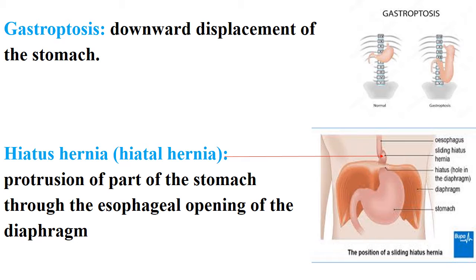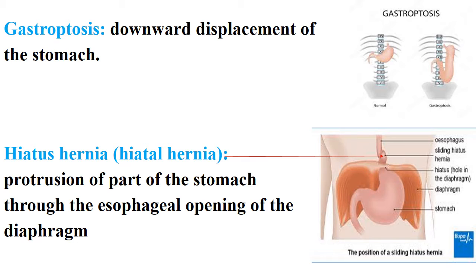Also the term hiatus hernia or hiatal hernia, which means protrusion of part of the stomach. Protrusion تأتي بمعنى صعود، السهم الأحمر المؤشر عليه هو الجزء الصاعد من المعدة اللي أصيب بالهرنيا. Why?